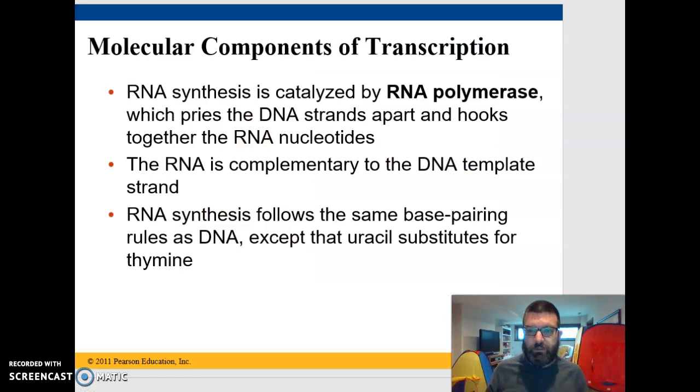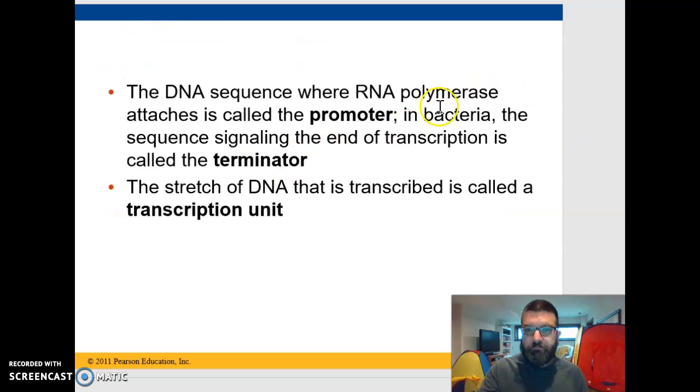So let's take a closer look at transcription, the first part of gene expression. So it requires an enzyme to make polymers of RNA, of messenger RNA. And so we remember from DNA replication that the enzyme that made a new polymer of DNA was called DNA polymerase. Well, the enzyme that makes a polymer of RNA is called RNA polymerase. We also have stretches of DNA called promoters.